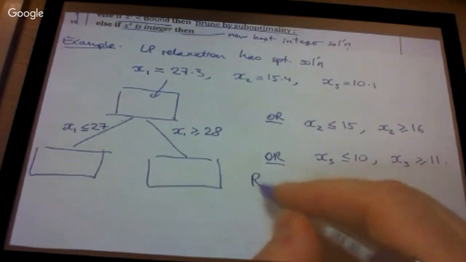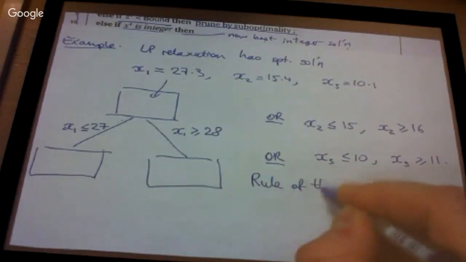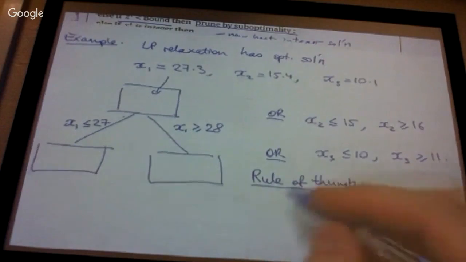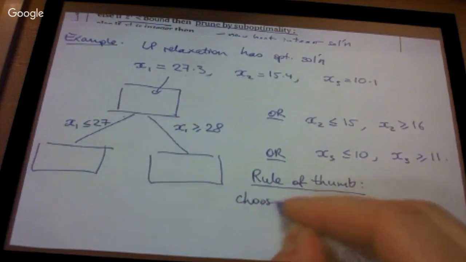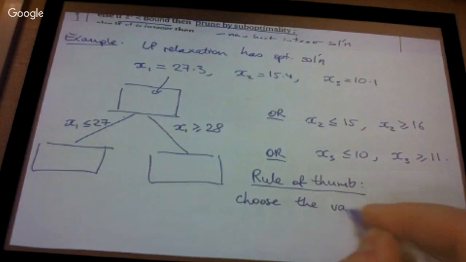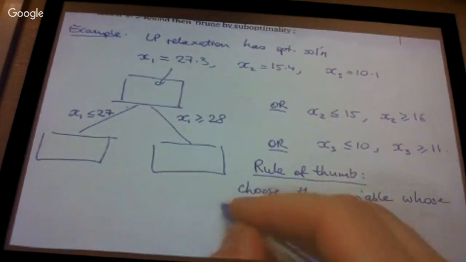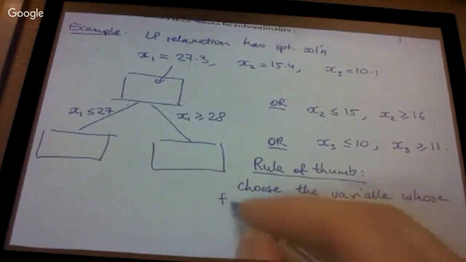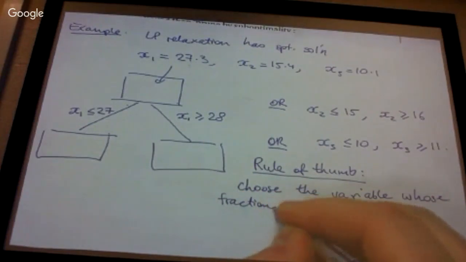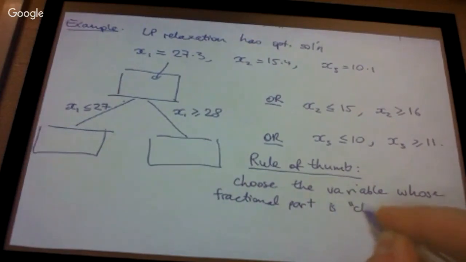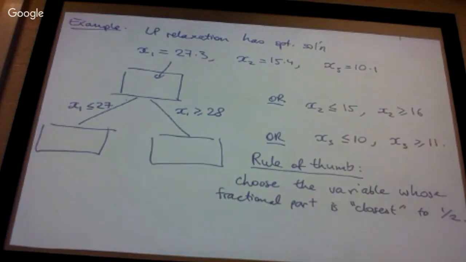So choose the variable whose fractional part is closest to 1/2. Kind of like the most fractional one.